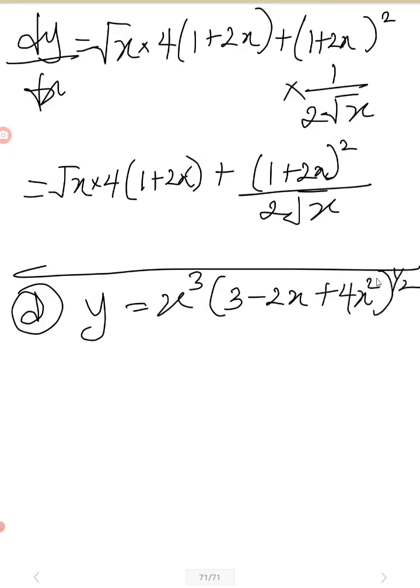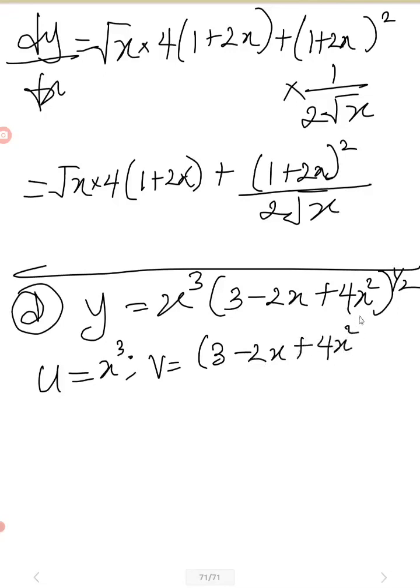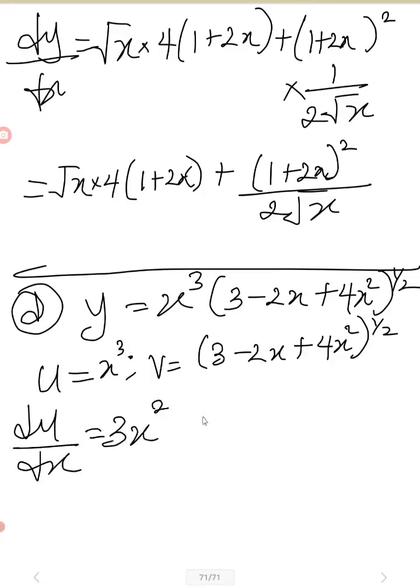Therefore, our u is equal to x raised to power 3, and our v is equal to (3 minus 2x plus 4x squared) raised to power half. Now, the derivative of u with respect to x will give you 3x squared.